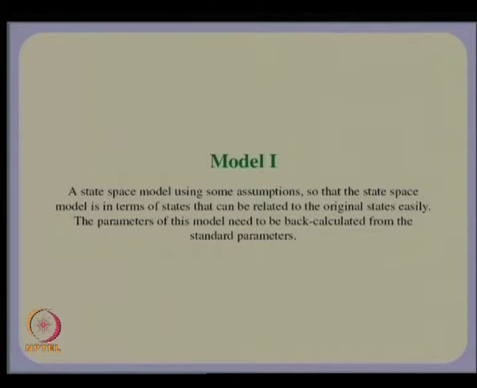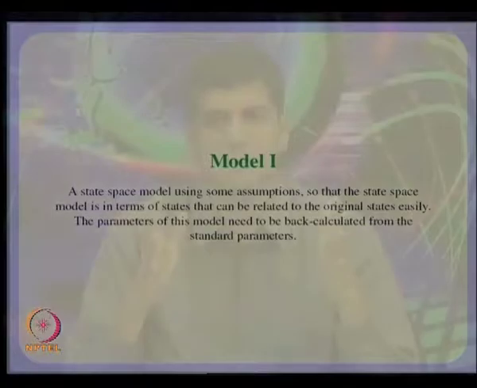We cannot get a model in the original basic parameters, because we are often not given an adequate number of parameters from measurement. So, what we are going to do now is introduce a model called model 1, which will use some assumptions and approximations, and we will create a model using the original states or states which are proportional to the original states.